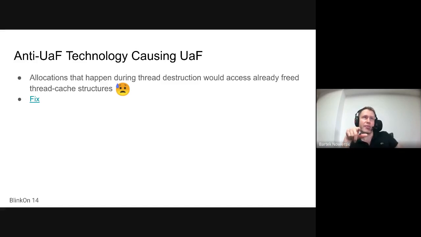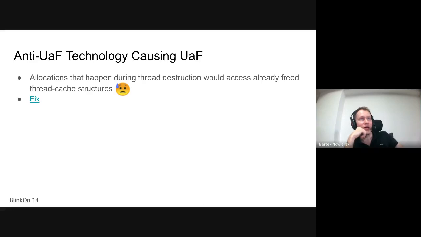Now, this one is embarrassing. We're supposed to be the technology that enables anti-UAF techniques. UAF stands for use after free. And we actually did a good job causing a UAF in the allocator ourselves.